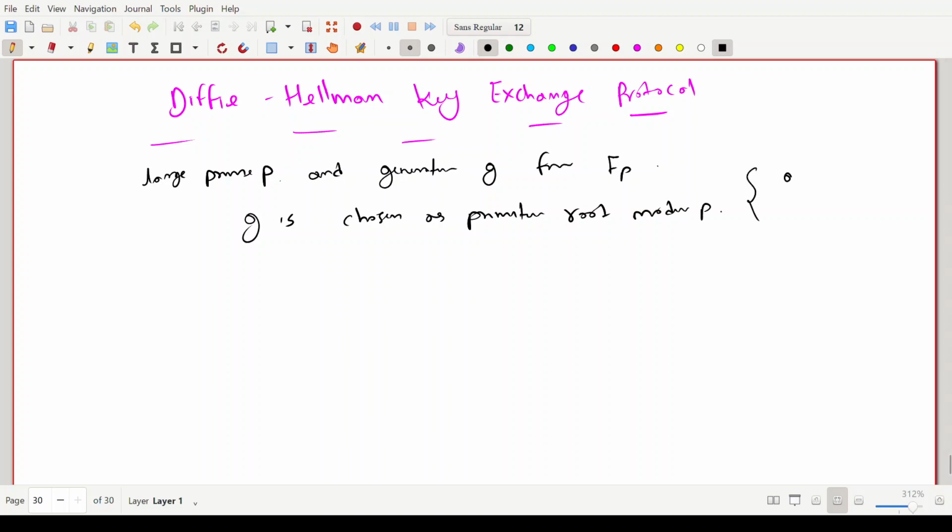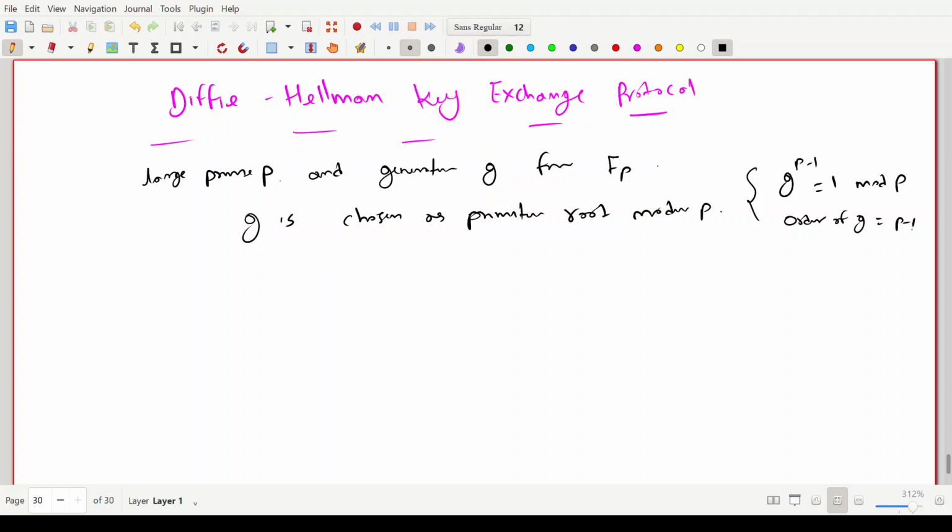An element for which G raised to P minus 1 equals 1 mod P. So the order of G should be P minus 1. In general, if you take n, it should be phi of n. That means there should not be anything less than that which satisfies this equation.